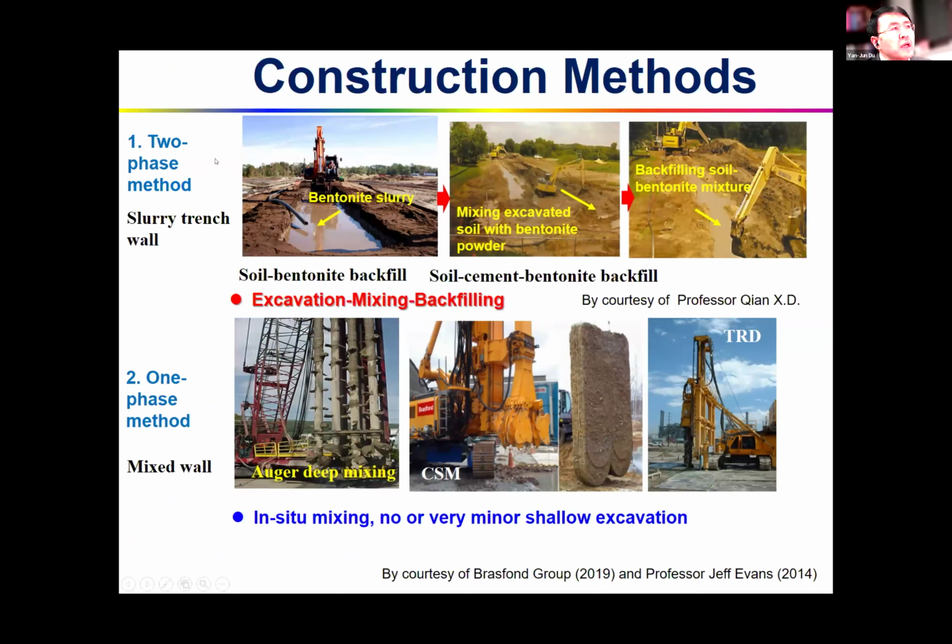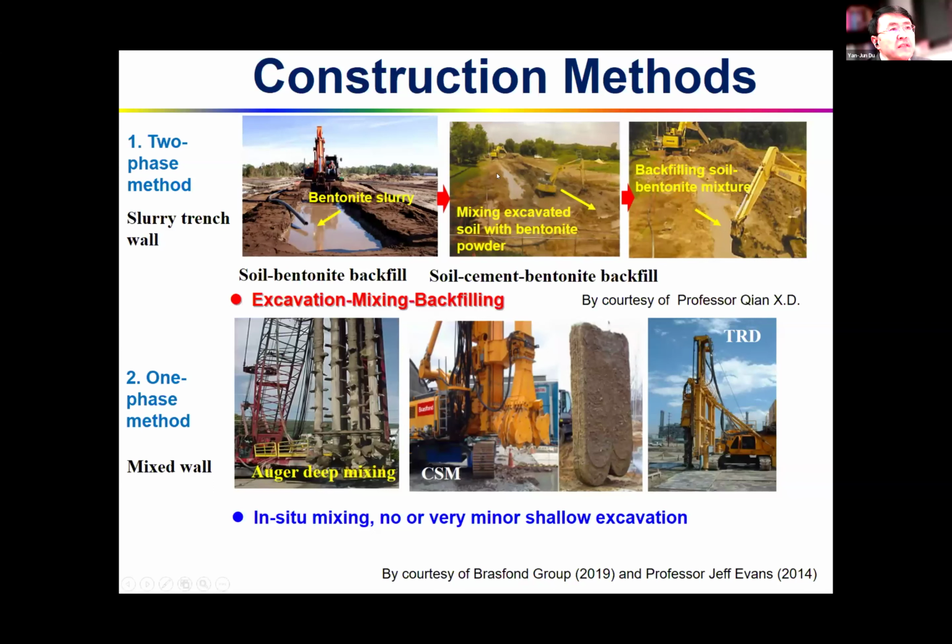One is called the one-phase method. Actually, it's a slurry trench method, because the in-situ ground is dug out and bentonite slurry is introduced into the trench for lateral support of the trench.